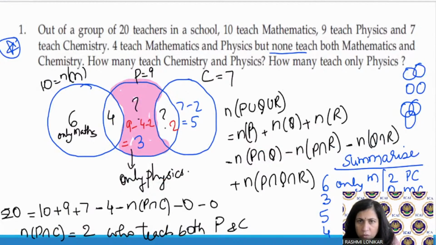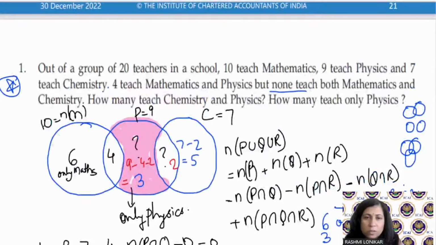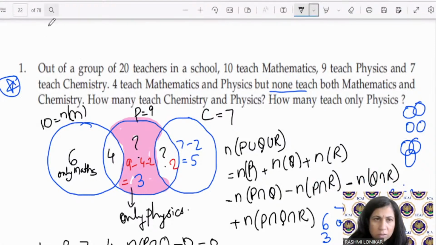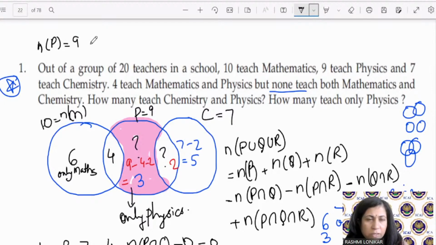Dhruv wants to know without a Venn diagram, how do I do that? So see, here what did I find out? Let me show it over here. N of physics is how much? 9. Okay, this is the total number of physics teachers.